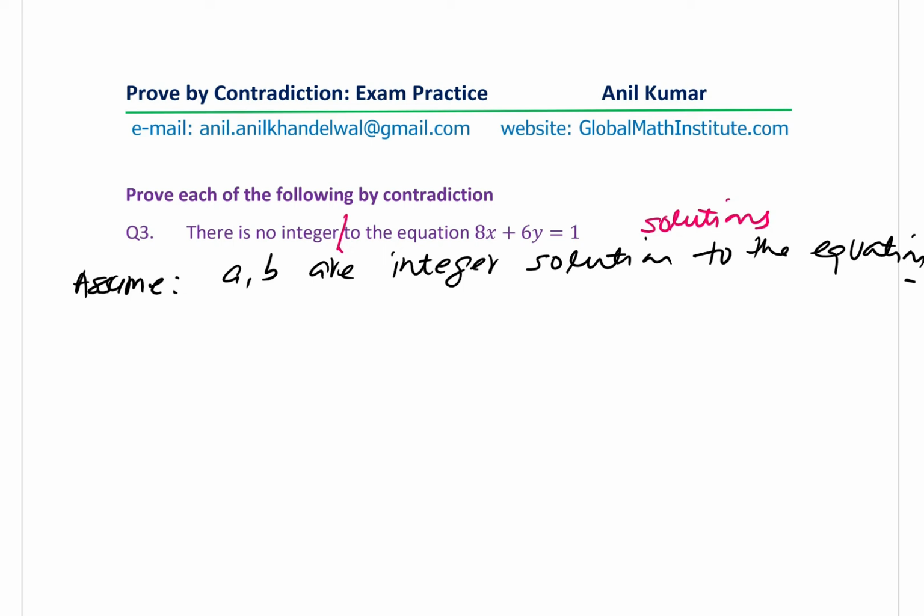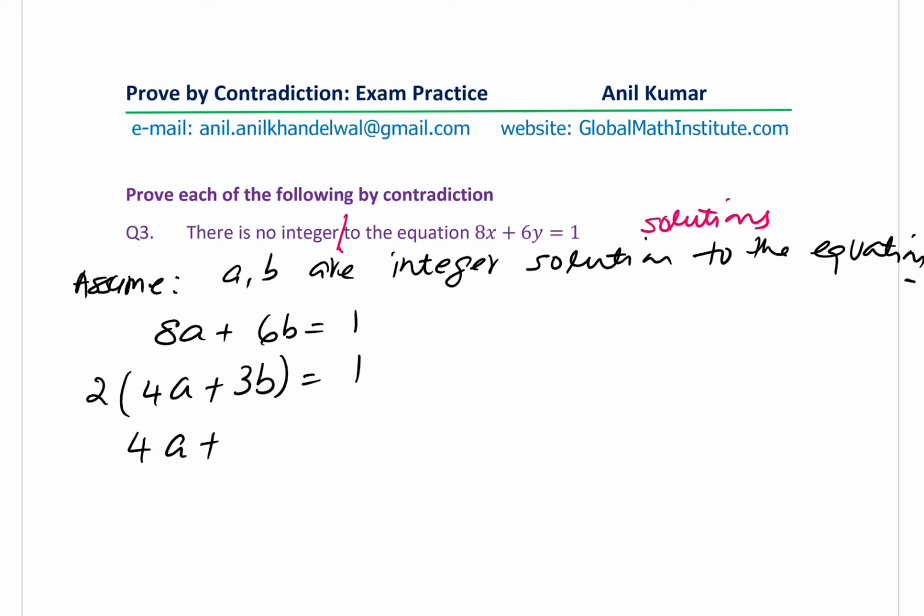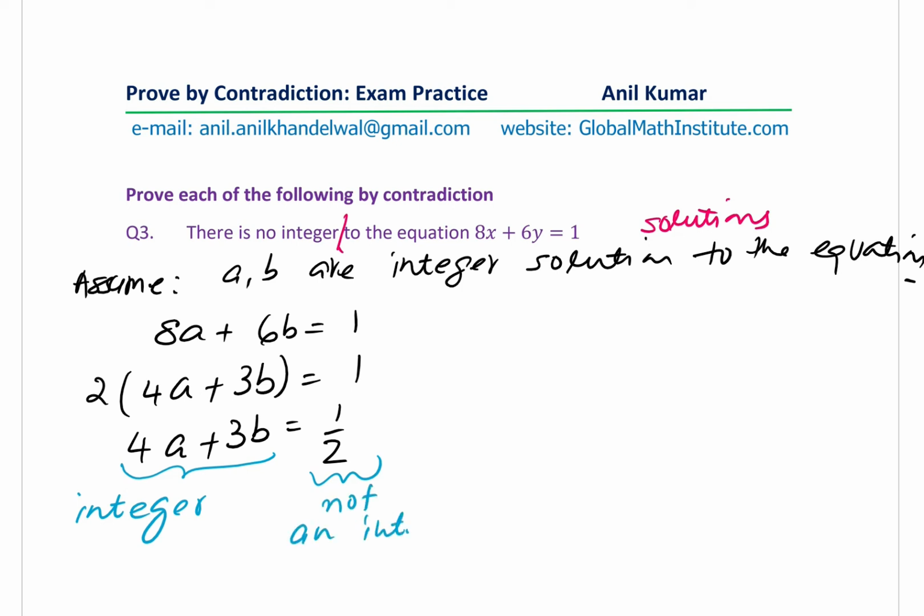In that case, we'll get 8a plus 6b equals 1. Well, I could factor out 2, so we get 4a plus 3b equals 1 over 2. Now, in this case, what we have here is an integer, and what we have here is not an integer. It's a rational number, it's a fraction. Perfect. And that is a contradiction.